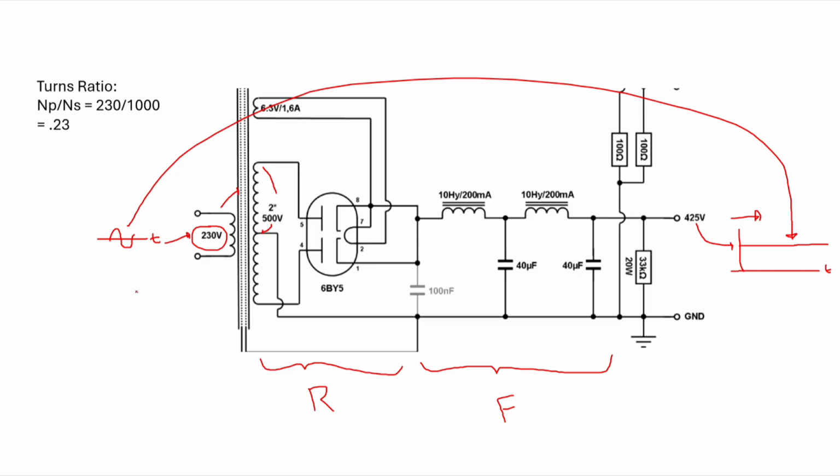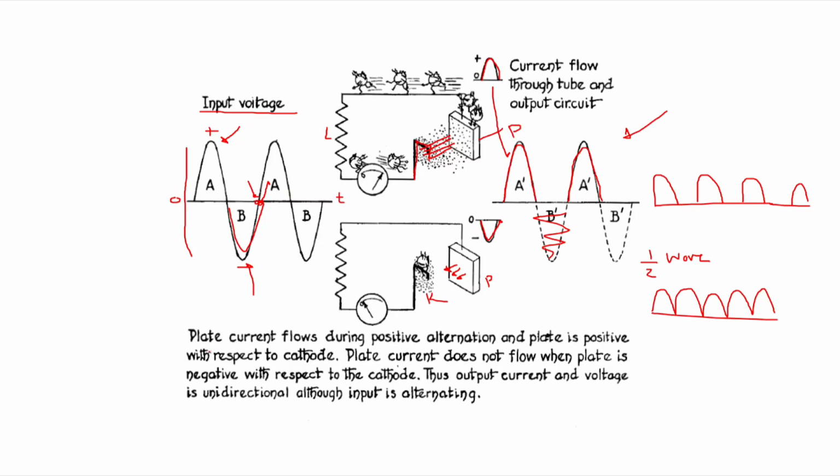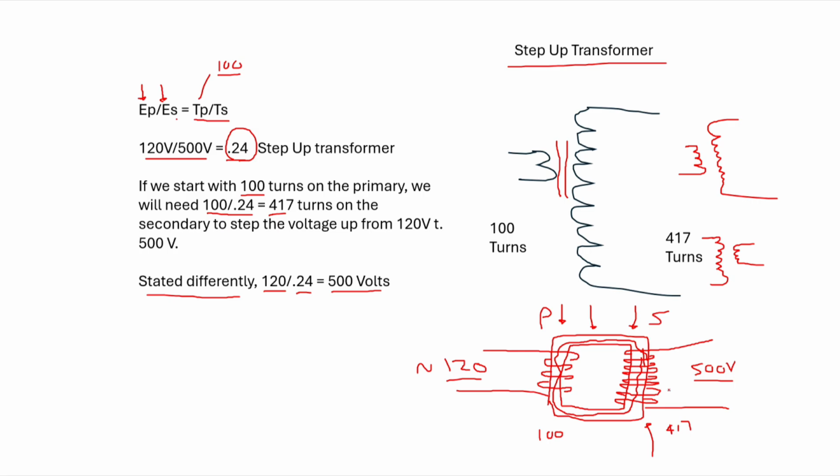Now this transformer has a center tap. That means if I go back to my little depiction here, somewhere in the center of these windings we've pulled a wire off, like that. It's a center tap.